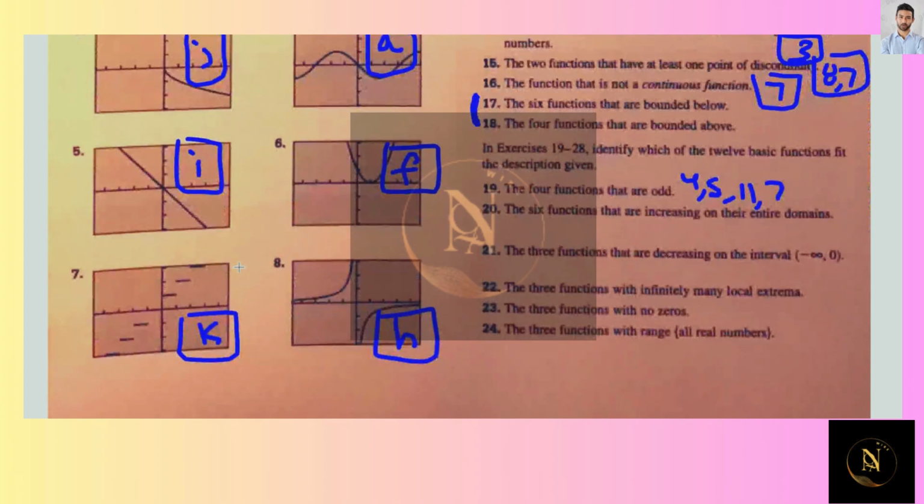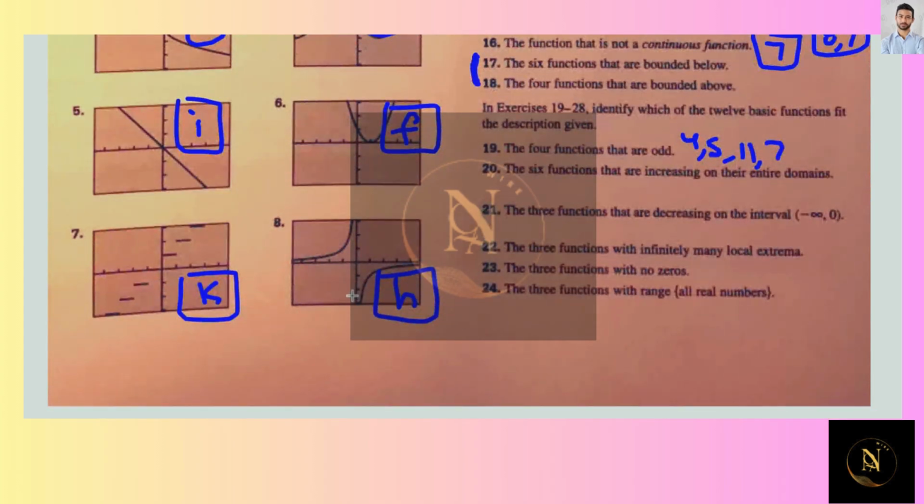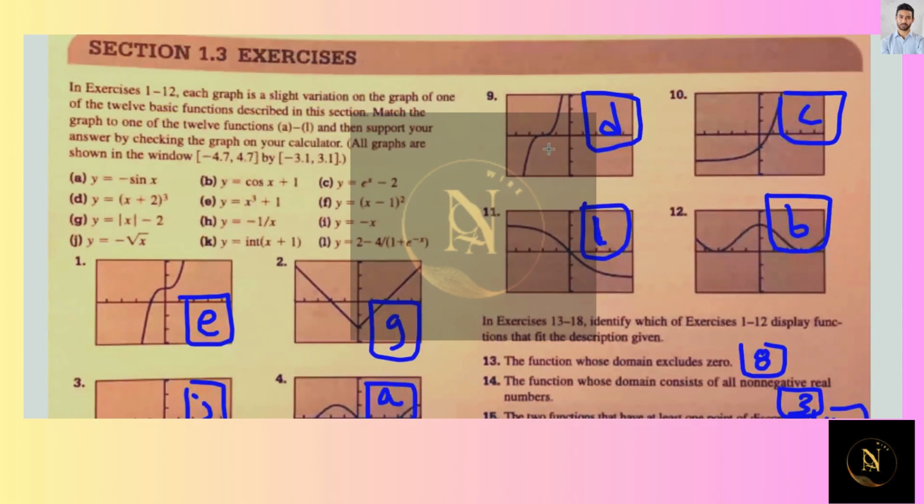No particular order. The 6 functions that are increasing over their entire domains, left to right, that would be 1, 8. 8 is increasing the whole time. 9, 10.